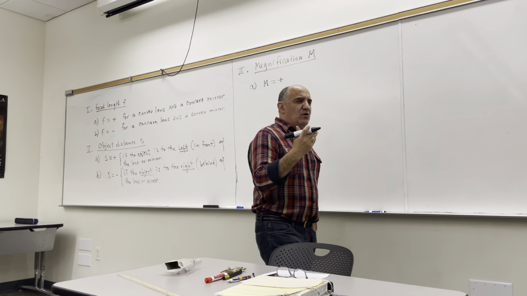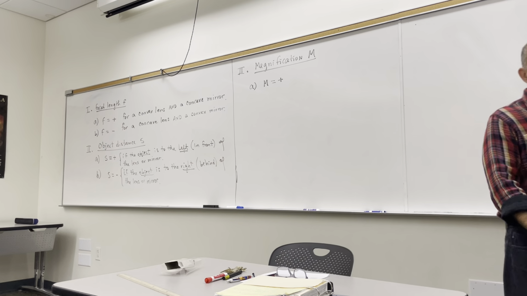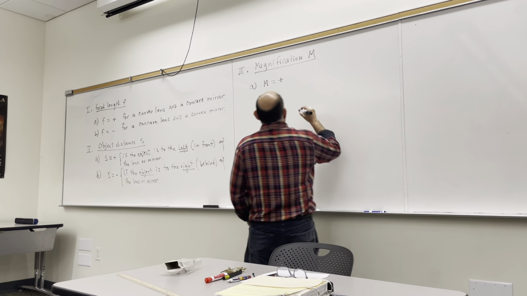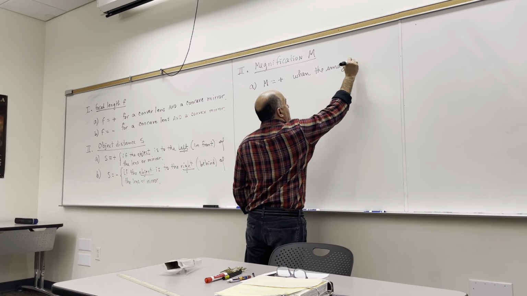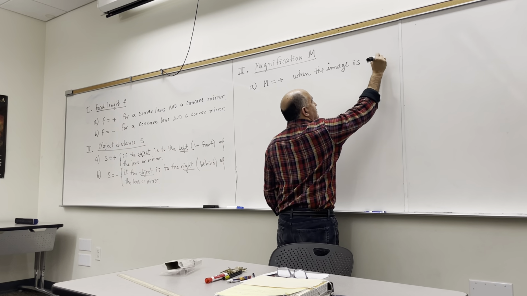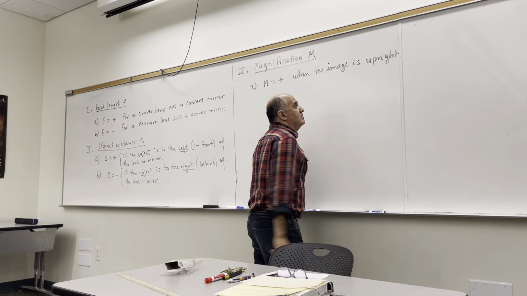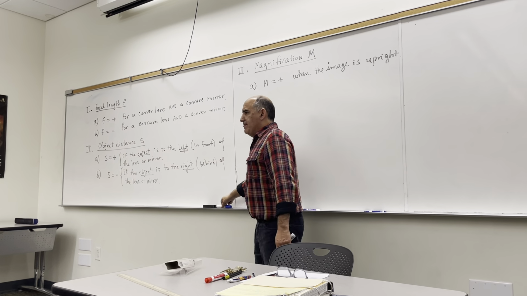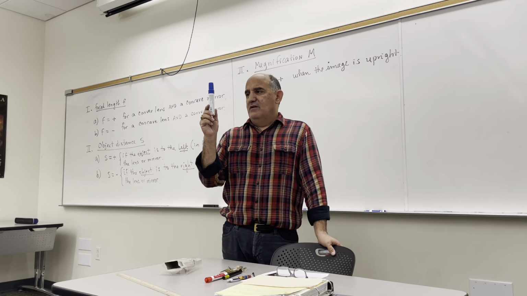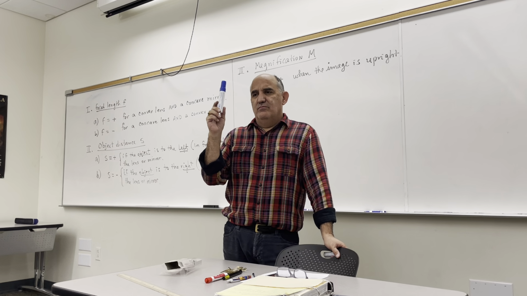So this has to do with comparing the image to the object. When the image is upright, what does that mean? If I tell you that this is the image, is it upright or inverted?